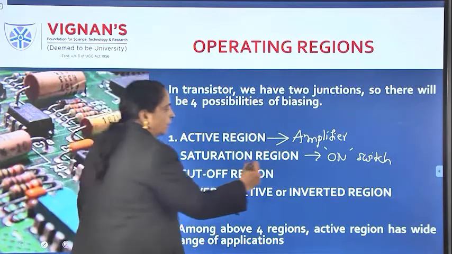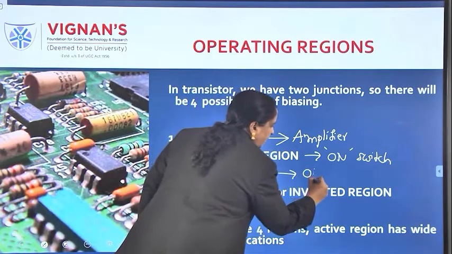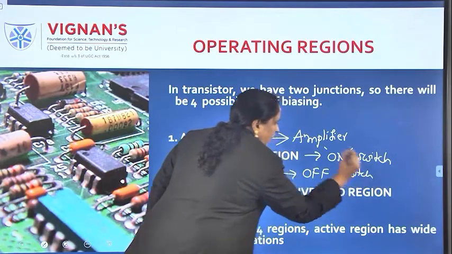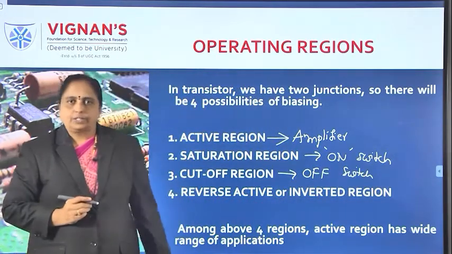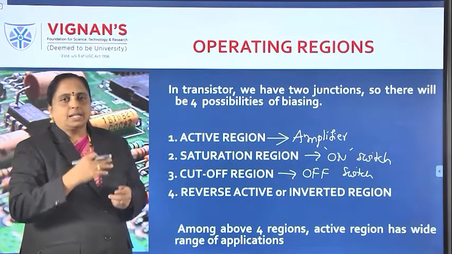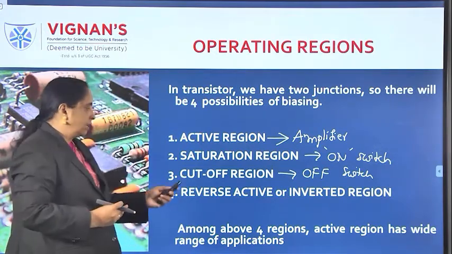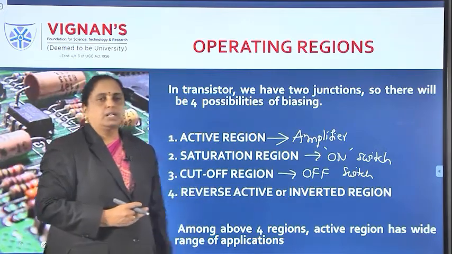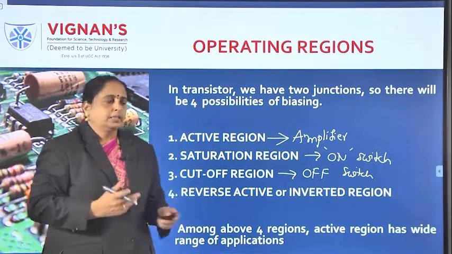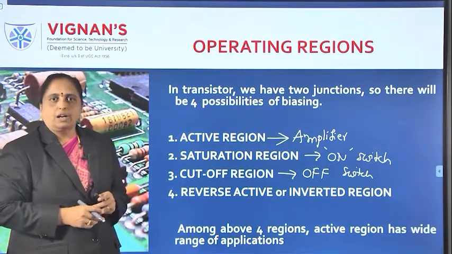If you want to operate the BJT as an off switch, you have to connect the BJT in the cutoff region. As there are two junctions, the possible biasing conditions are four, the fourth being the reverse active or inverted region. Commercially, it has no specific application. That's why we cannot use this operation.